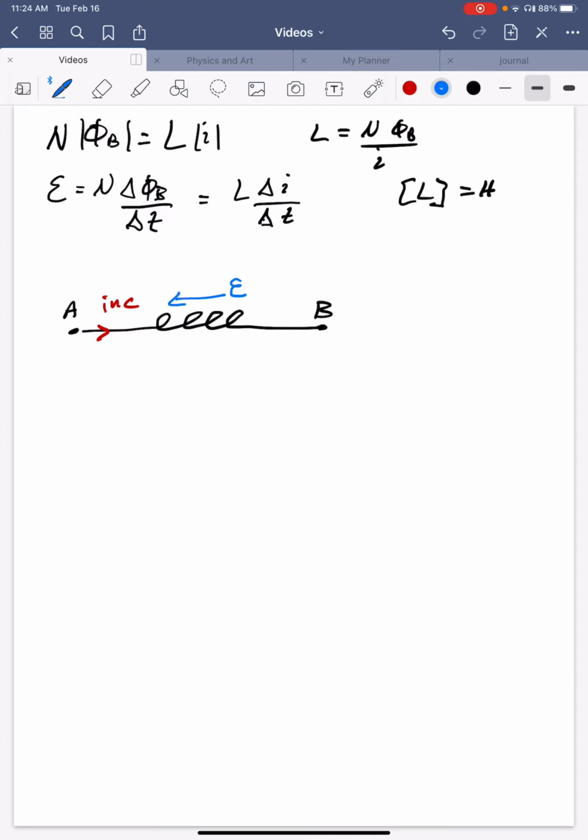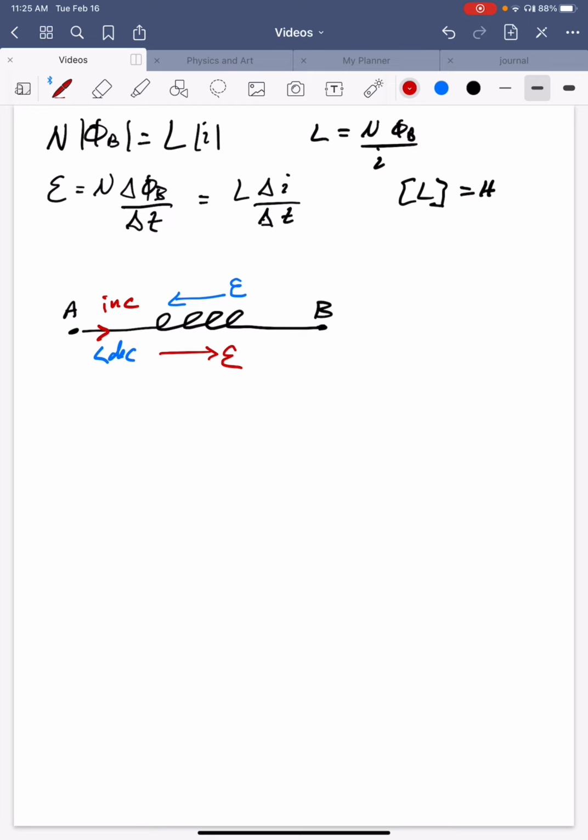So it's going to be generated in the way that reduces the flux that goes through the coil. If I have a decreasing I, so let's say I is decreasing, that's going to try to increase the EMF because now the flux is decreasing. It wants to try to oppose that, so it tries to increase it.